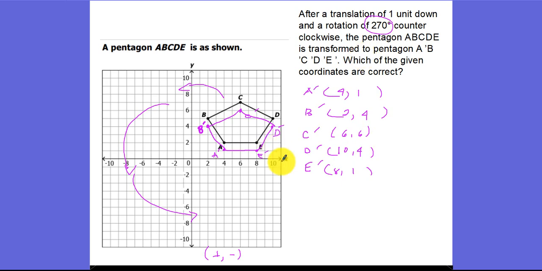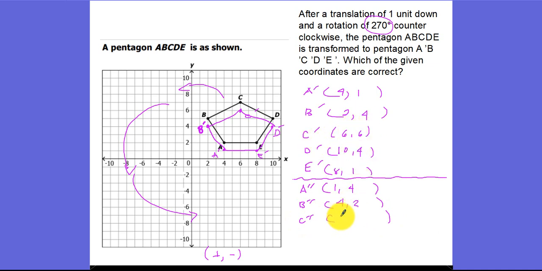Alright, 270. So the new coordinates, A double prime. We said that for 270 or 90, ignore the signs and then switch the numbers. So I have 4, 1. It will become 1, 4 here. For B double prime, that's 2, 4. It will become 4, 2. C double prime, I have 6, 6.